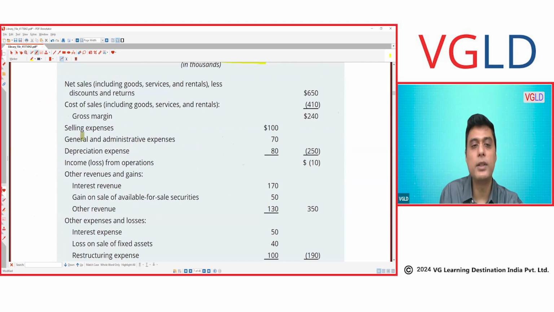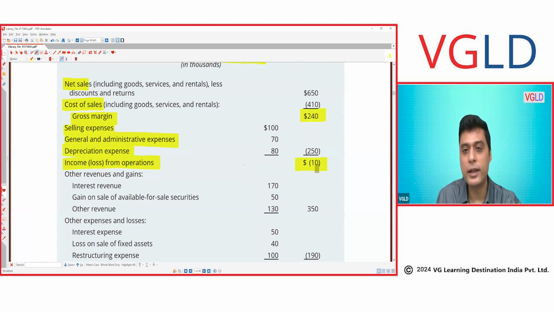So multi-step income statement, you have net sales minus cost of sales is your gross margin. Then you have selling, general and administrative expenses, depreciation, you get income or loss from operations. So your first break was here at gross margin level. Then your second break is here. Then other revenues and gains, interest revenue, gain on sale of available for sale securities, other revenue.